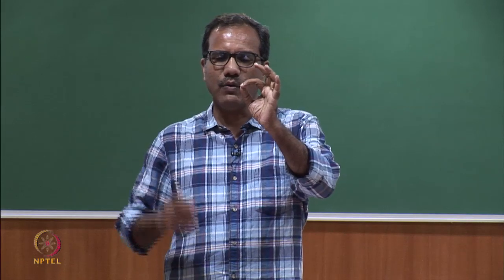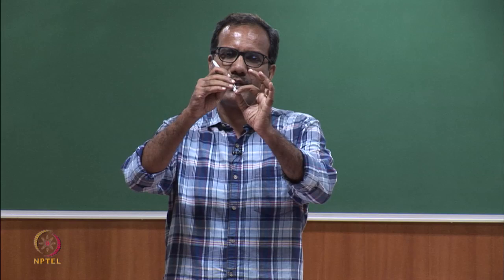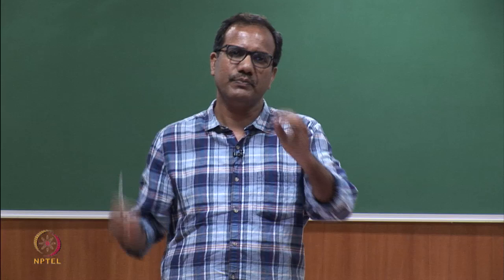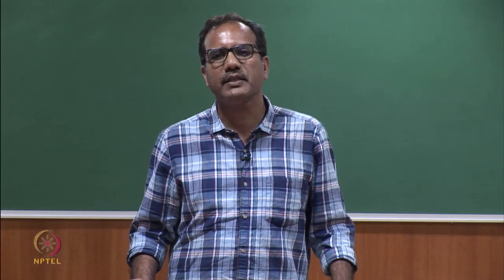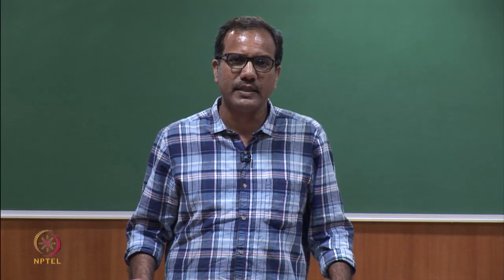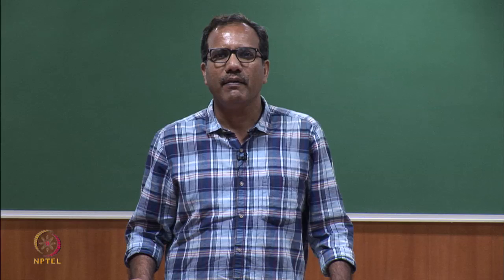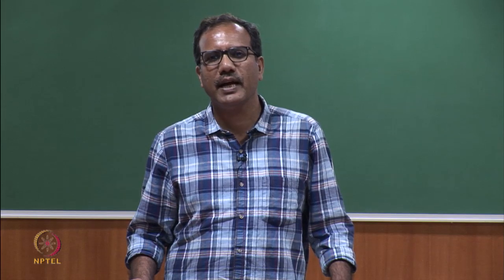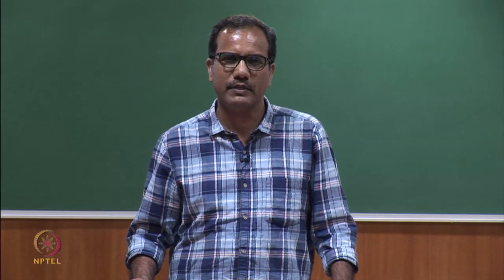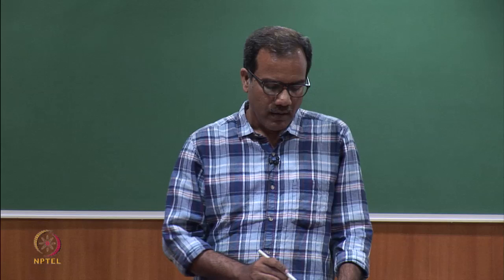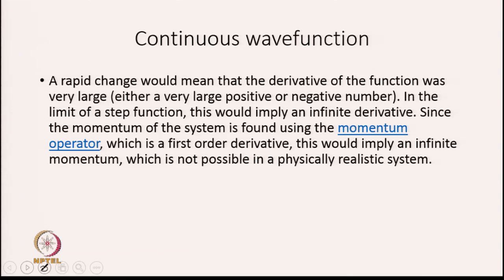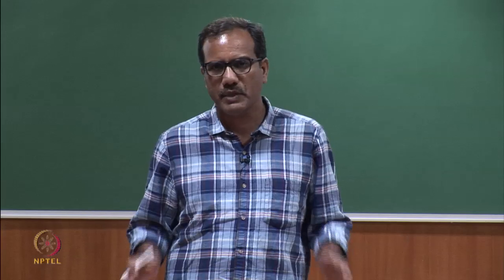At this point, the probability of the electron being there must be a single value, and for it to be single valued, your wave function and its first derivative must be finite. So, the second criterion is that the wave function must be single valued.